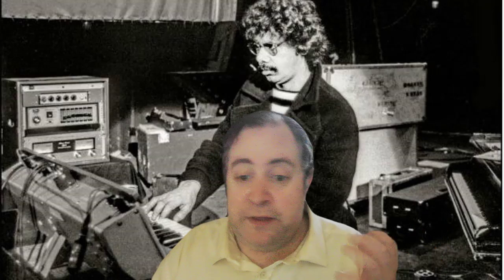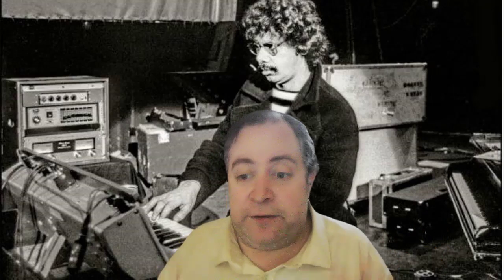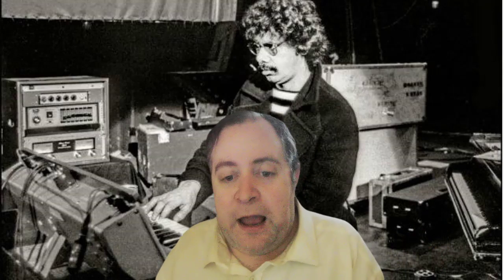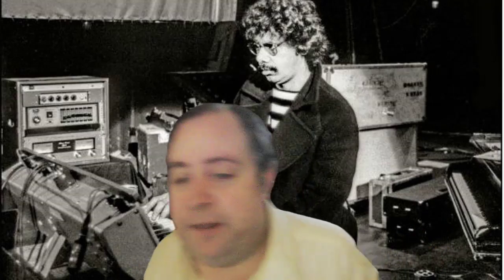Now, what made this instrument so unique is that because of its portability, it really allowed artists to develop a unique style of playing that was really made just for this instrument and eventually for the other instruments by other companies that were similar. And this is the style of playing we know as lead synth playing.